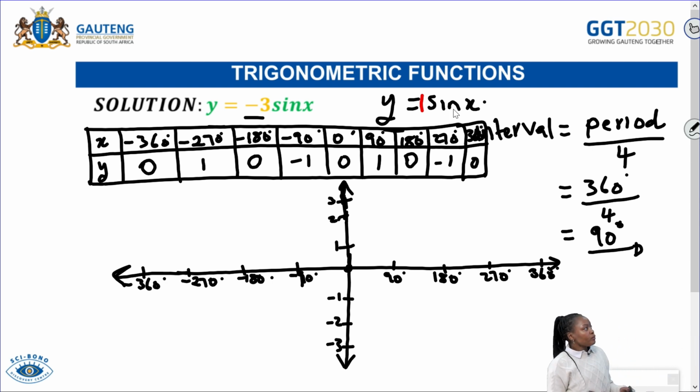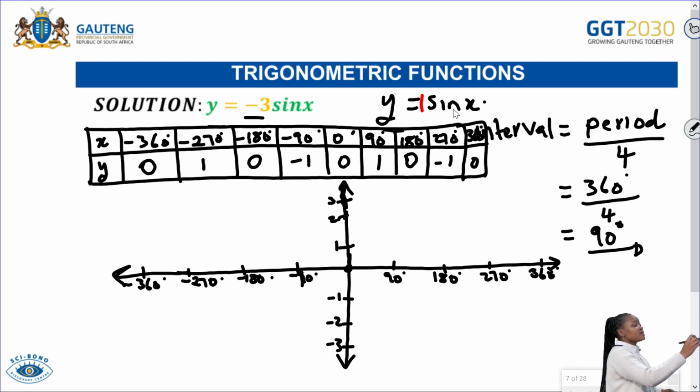Okay, so now we can sketch our first graph, which is the mother graph of y is equal to sine x, right? So when x is negative 360 degrees, y is going to be 0. So it's going to be on top of the line, because along this line, y is equal to 0, right?